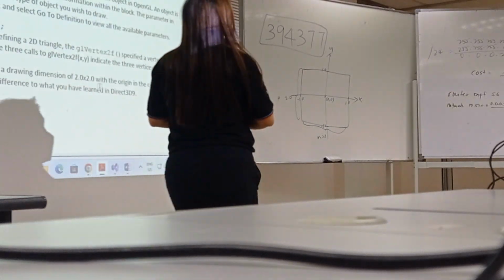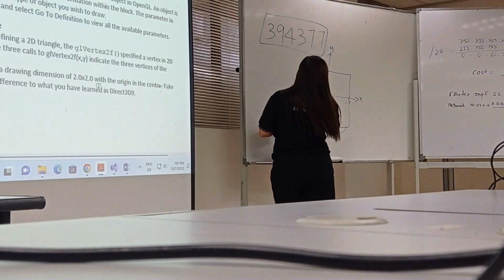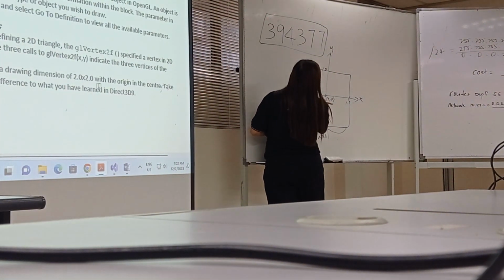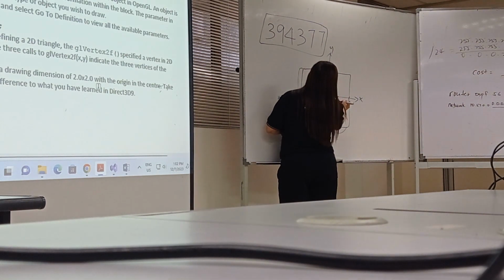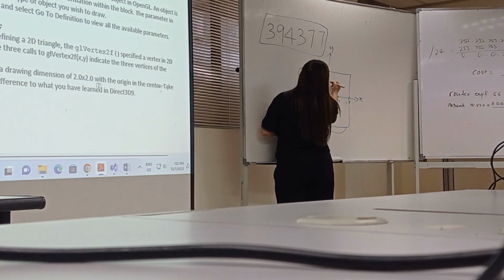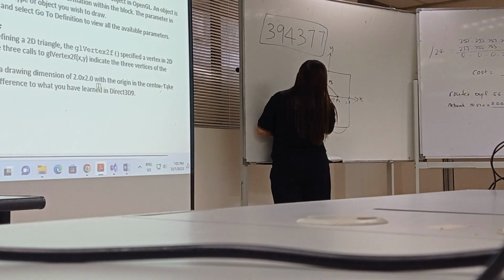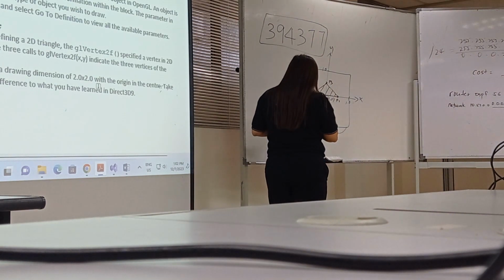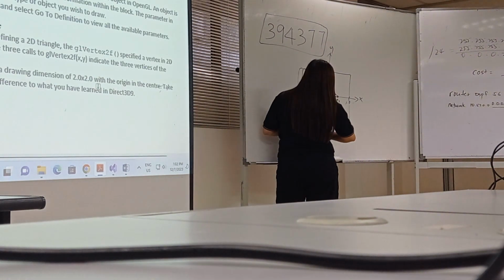Now we want to draw a triangle. Let's pick the three points: point 1, point 2, point 3. I want to draw this triangle. What are the coordinates?